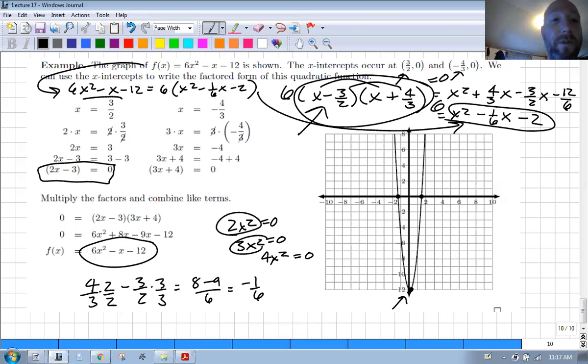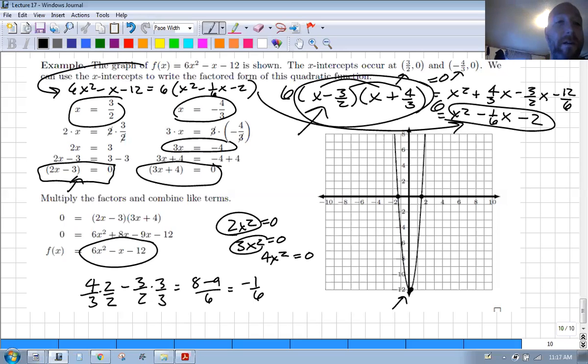Okay, so start off with this and turn it into an equation that's equal to 0. So over here, we multiply by 3, we get this, add 4 to both sides, and we get this. So they're using these as the factors instead of just doing x minus each intercept here.